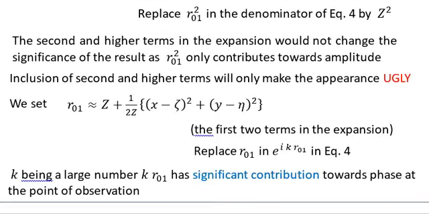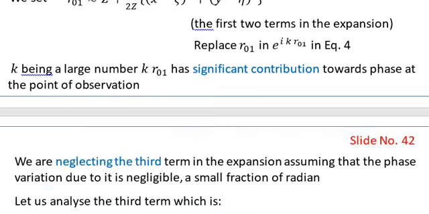Over here R01 is multiplied by k, and k is a very large number.